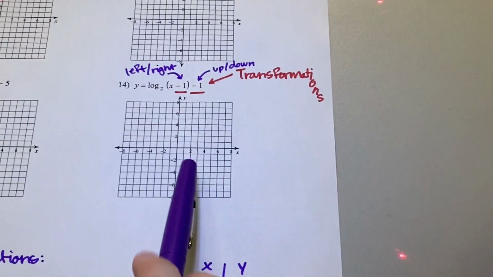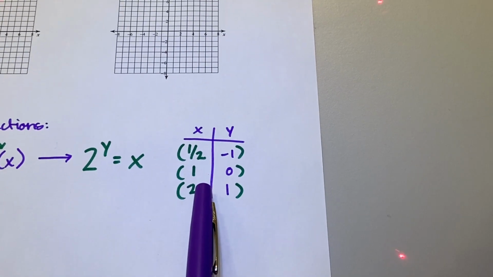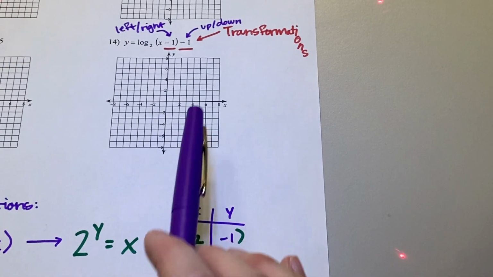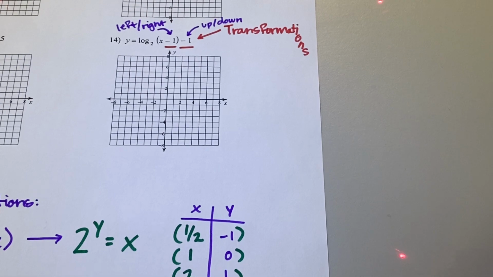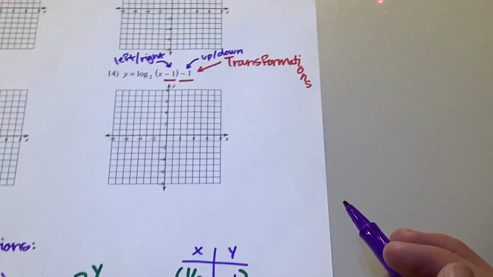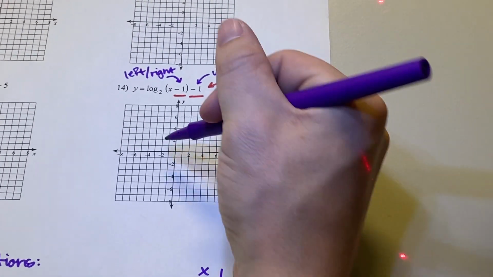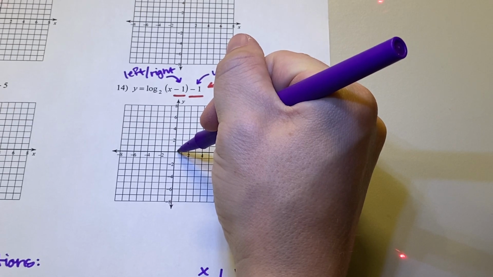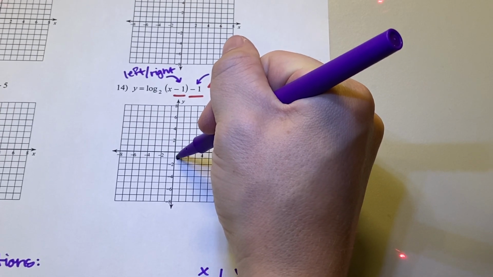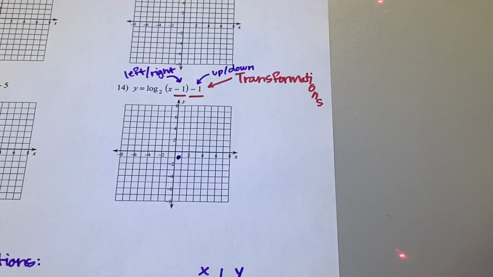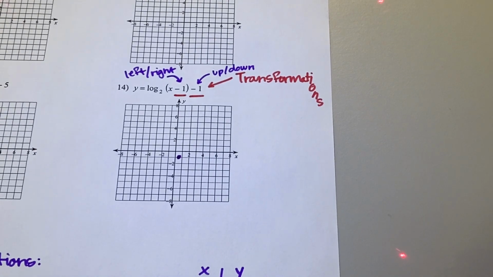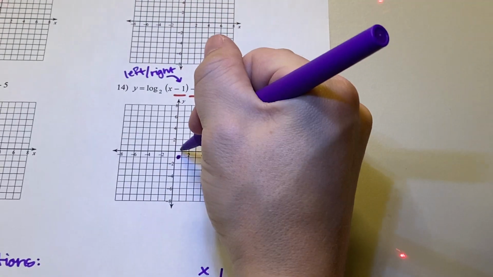First of all, let's put our parent function points on our graph, but don't connect them yet. Here's what I mean. My parent function points were 1/2, so find 1/2, then go down to -1, that's right there. Then I have 1, 0, right there.